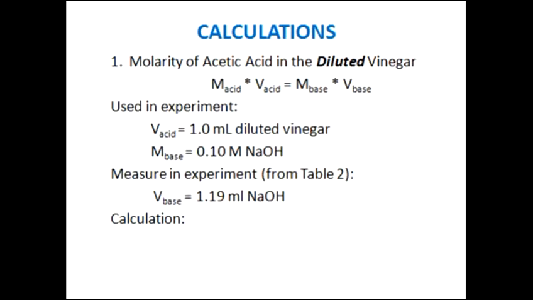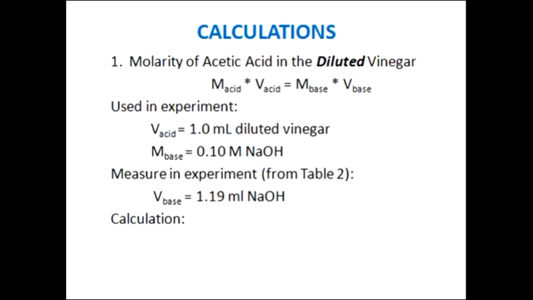The first calculation we need to do is for the molarity of our diluted vinegar. In this experiment, we know that we used 1 mil of our diluted vinegar, so that's the volume of our acid, and we know that we used a 0.01 molar sodium hydroxide, that's the molarity of our base. We measured the volume of our base added, and that was 1.19 mils of sodium hydroxide.